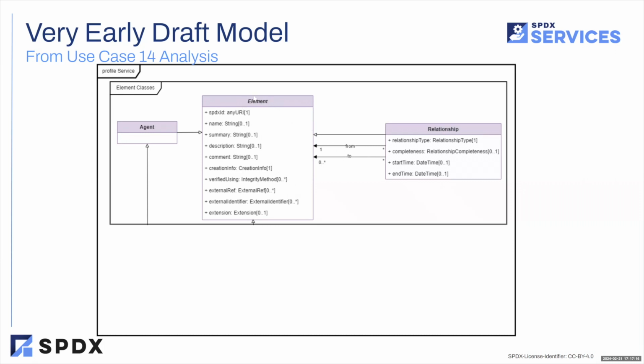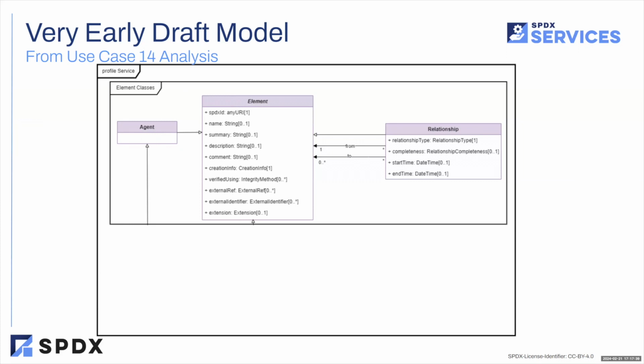And so the ones that are important to this use case: we have this basic element. And then when you see this arrow here, agent is a type of element, which means the agent gets all of these properties and can add more to it. But what an agent is, is something that operates on a service or software.